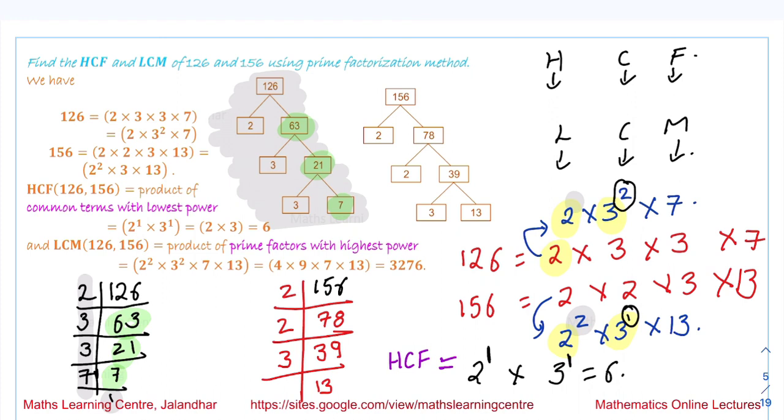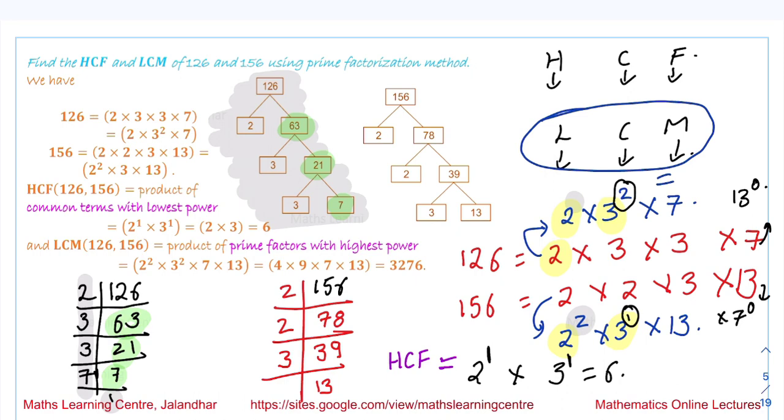Next, when we have to write the LCM of these two values, we have to write the product of prime factors with highest power. Basically what we are doing over here is that in this case there is a factor 7 with power 0, and this is the factor 13 with power 0.